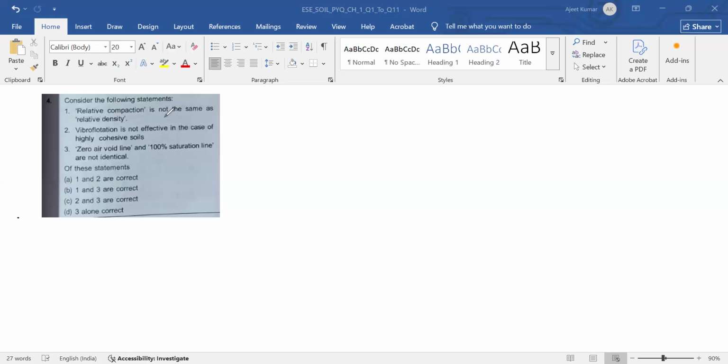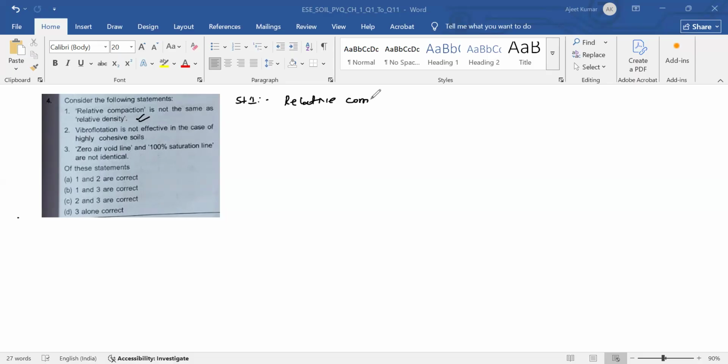Consider the following statements. Statement 1: relative compaction is not the same as relative density. Yes, this is a correct statement.